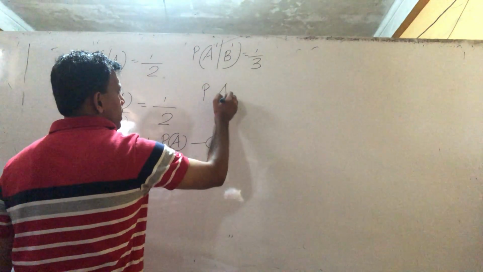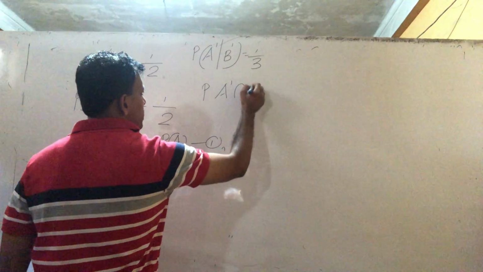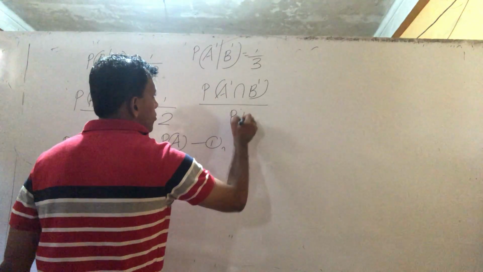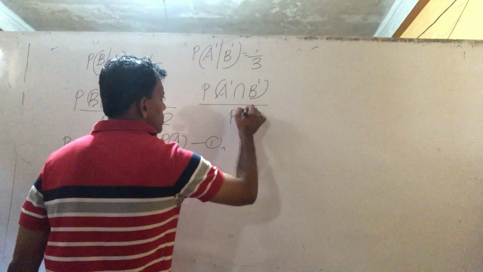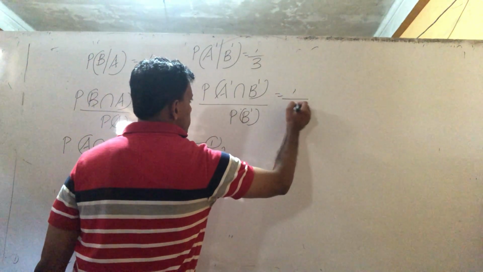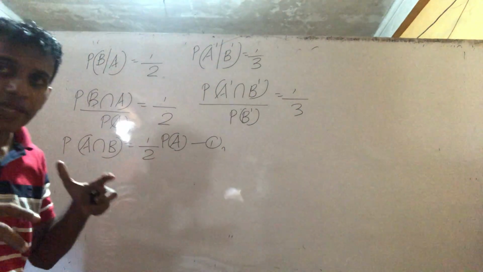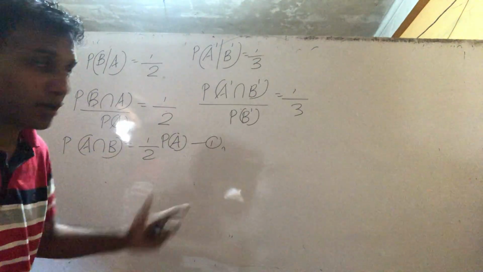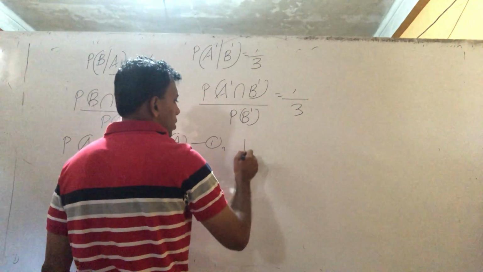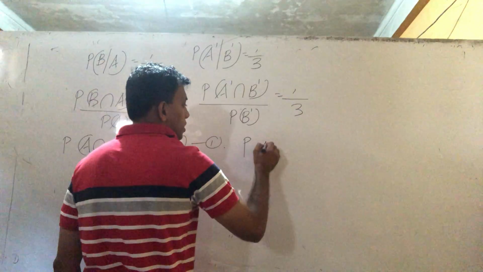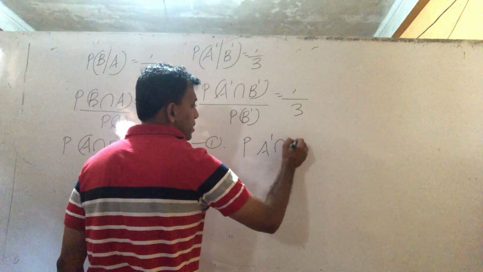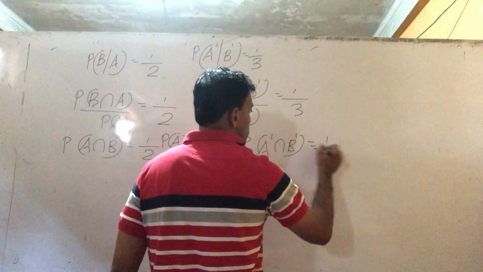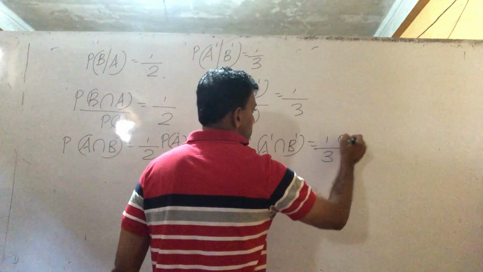Probability of A dash intersect B dash over probability of B dash equal to 1/3. The problem is we have to connect A and B. A is okay now, but we still don't have B, right? Now cross multiply: probability of A dash intersect B dash equals 1/3 PB dash.